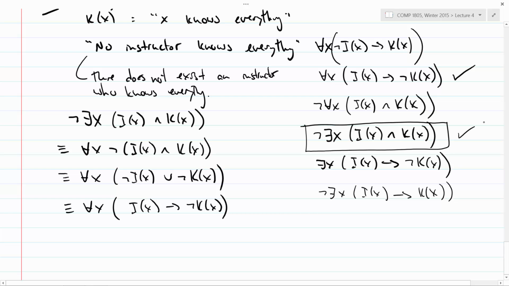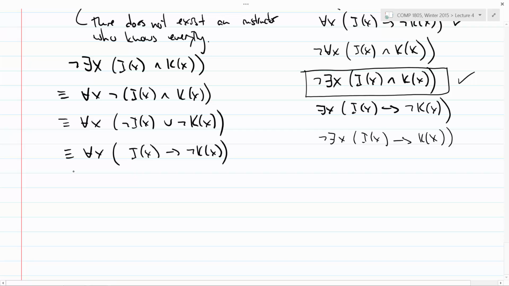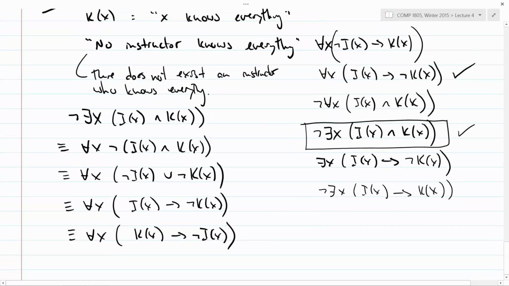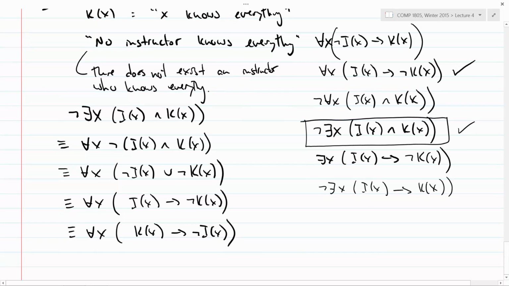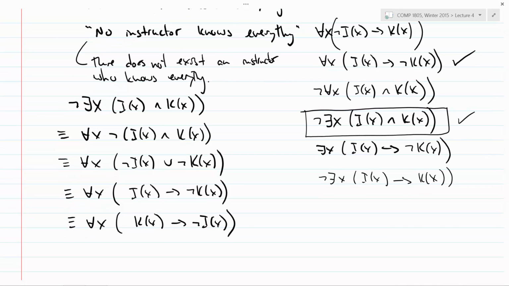And of course, you could also translate this in the other direction, or eliminate or add an implication in the other direction, or equivalently take the contrapositive to get K of x implies not I of x. And we didn't see that one, but that's another one.